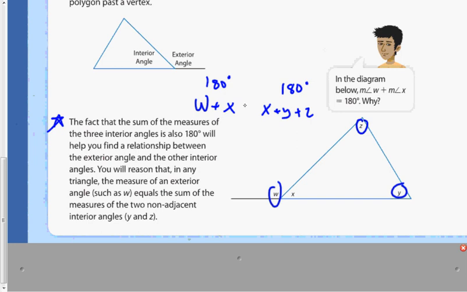And if they're both equal to 180 degrees, they'd be equal to each other, right? They're both 180 degrees, so that makes sense.